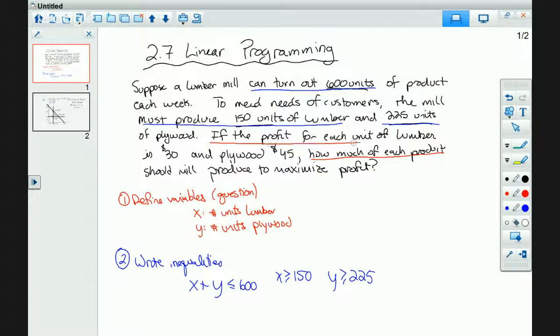If the profit for each unit is 30 for lumber and plywood is 45, what would our profit function be? This is how you're usually going to see it in our book. I agree. $30 for lumber plus 45 for plywood. They're usually that straightforward.